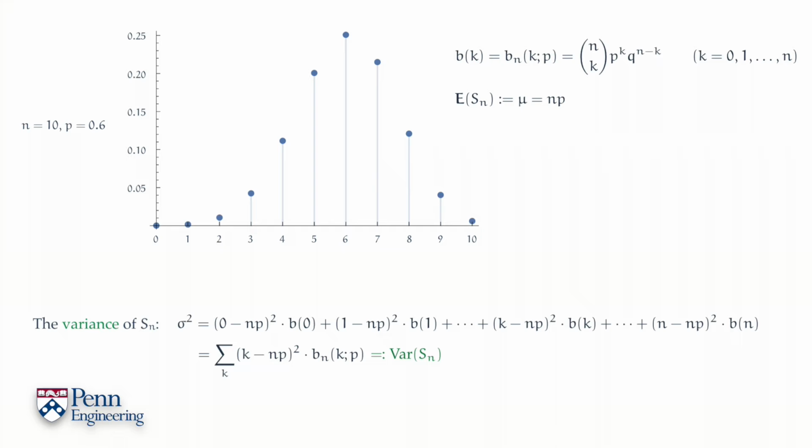Now, one understands that as we look at the variance, we are looking at a squared deviation, or more precisely, an expected squared deviation from the center of mass. If one wants the spread itself, naturally enough, one should look at the square root of this quantity. This is called the standard deviation. It's of course represented by sigma, and it is defined to be the positive square root of the variance.